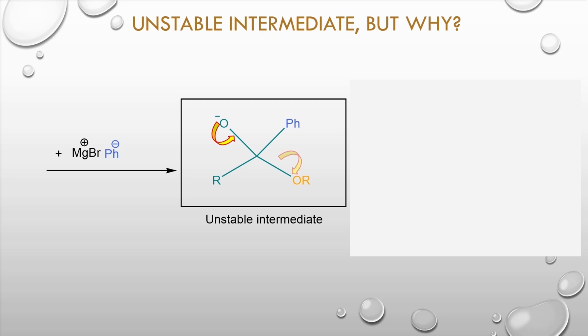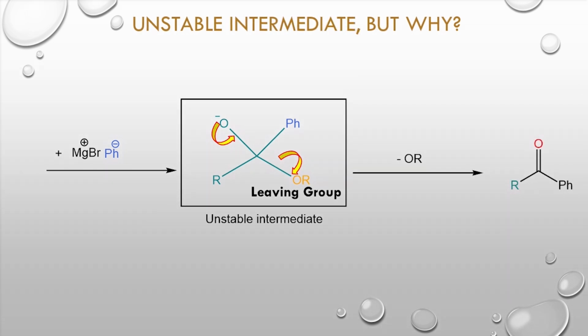Here O- is not stable. It has two possibilities: either it gains some H plus from the reaction mixture, or it reverts back to form the C=O double bond. Since the leaving group OR in the molecule facilitates the reformation of the double bond more easily by leaving the molecule and providing stability, the molecule chooses stability.